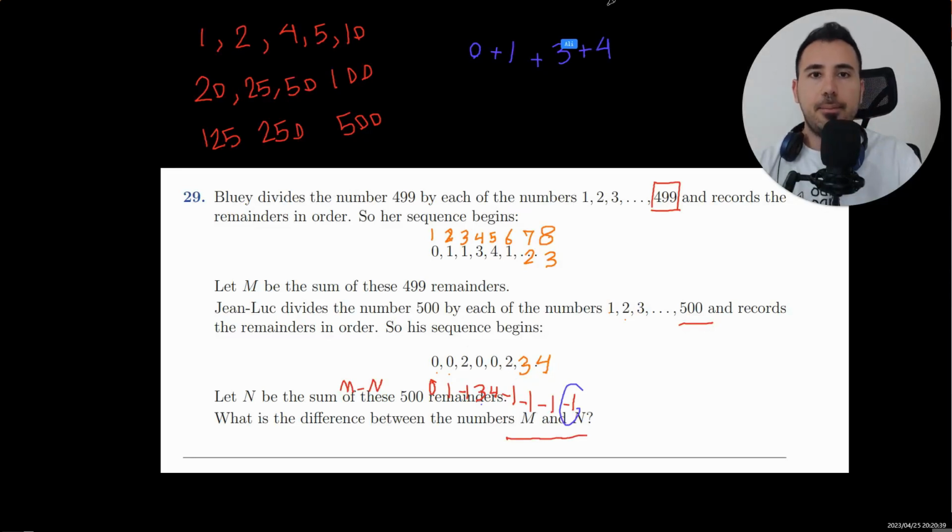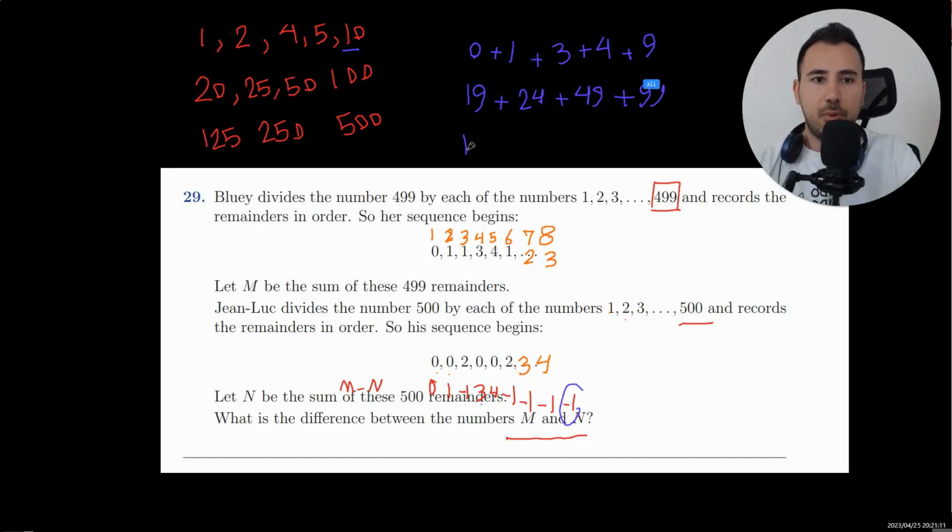Okay, and now for 10, all right, we have to check for 10. What is the remainder of 499 when we divide it by 10? It will be 9. When we divide it by 20, it would be 19. You see, there's also a pattern. When we divide it by 25, 24. When we divide it by 50, 49. 499, when we divide it by 100, the remainder is 99.